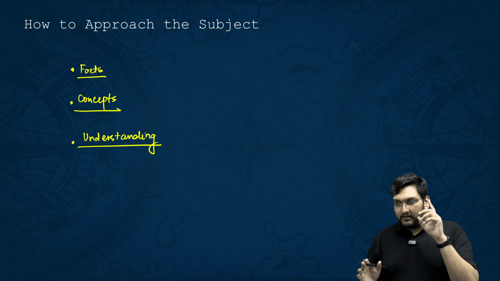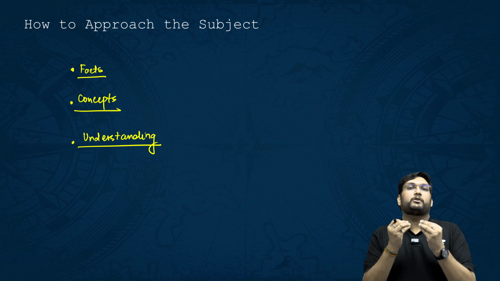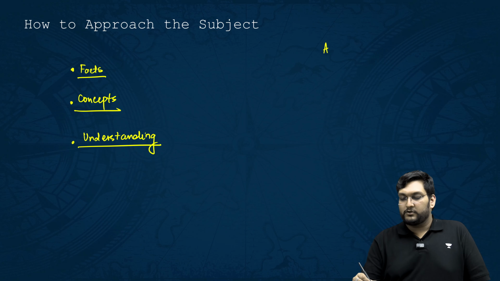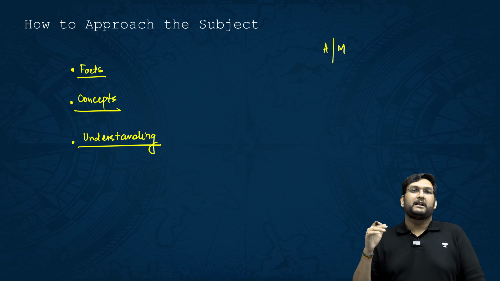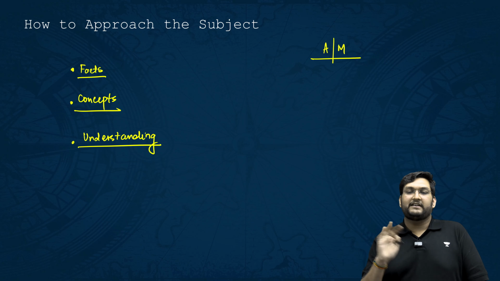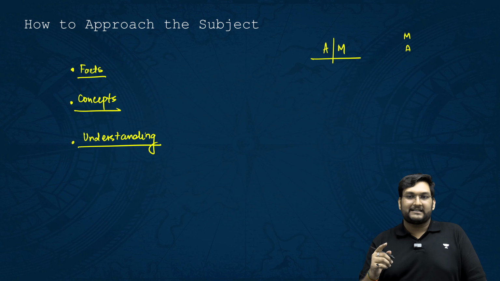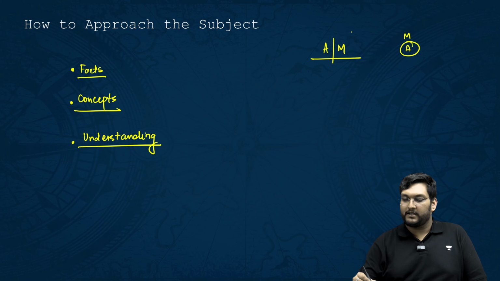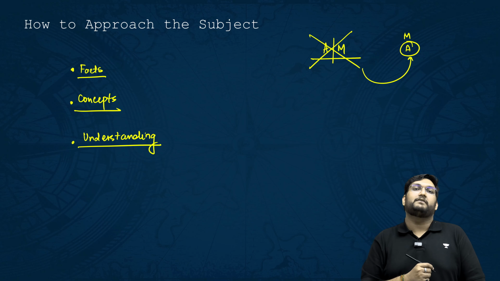Now I'll tell all of you a very important concept. Please understand this point, that a lot of people argue that you should leave ancient and medieval. There's a lot of content everywhere which says leave ancient and medieval, do modern, art and culture. Please understand this point. Art and culture will make no sense whatsoever if you've not done ancient and medieval, because ancient and medieval is the political context in which art and culture actually works.